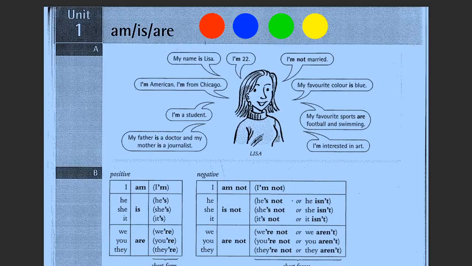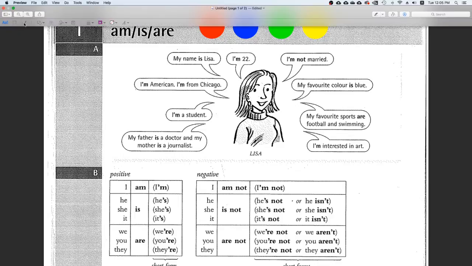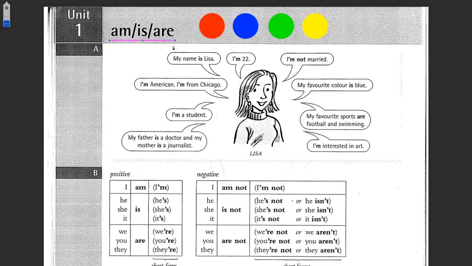We have to talk about verb, noun, adverb, and adjective. And is, am, are actually belongs to this part, the red one.